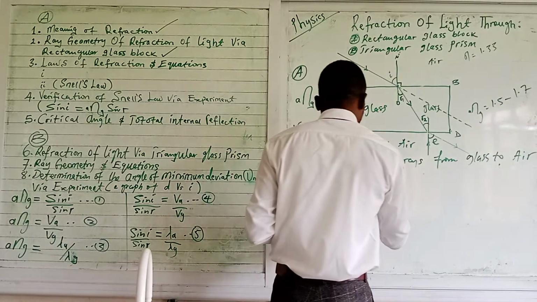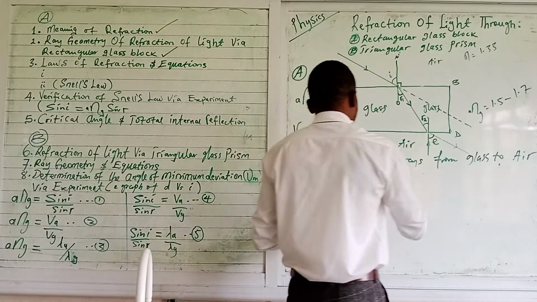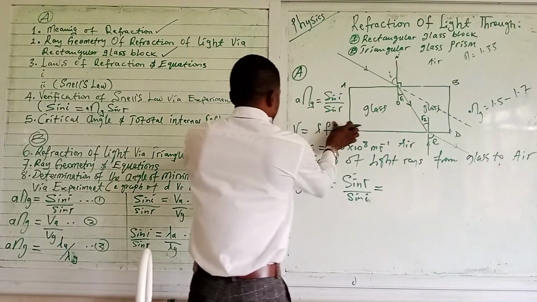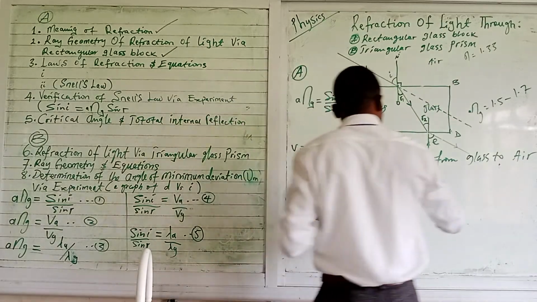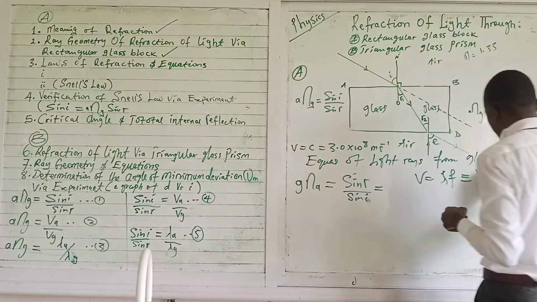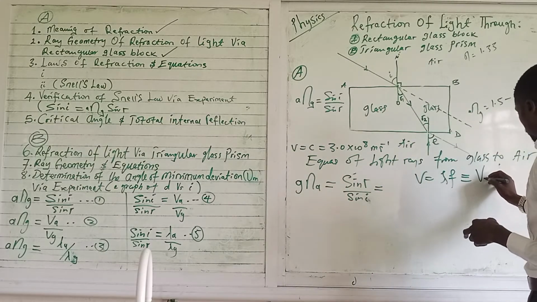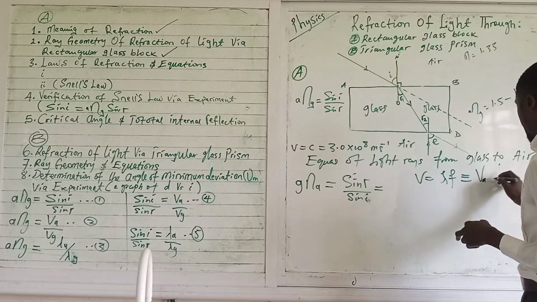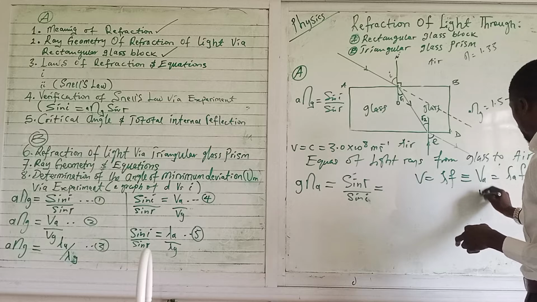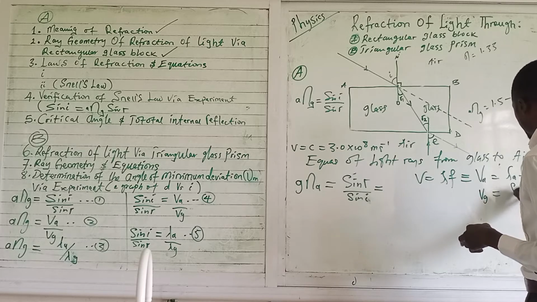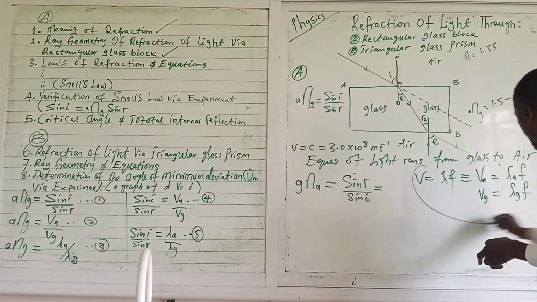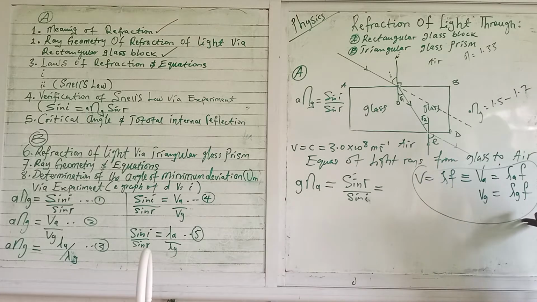So when this happens, everything will have to become the opposite. In this case, what do you have? From V is equal to lambda F, which is congruent to VA is equal to lambda A F. Also VG equals lambda G F. This is the meaning of this particular equation.